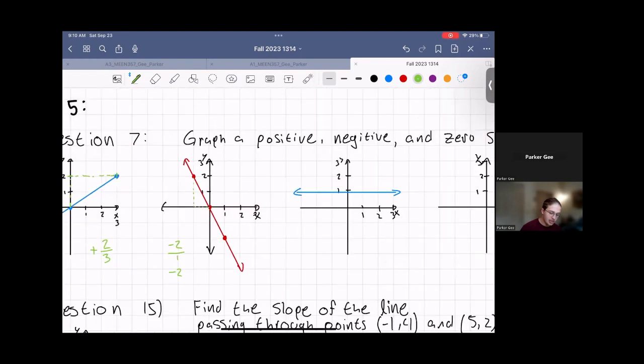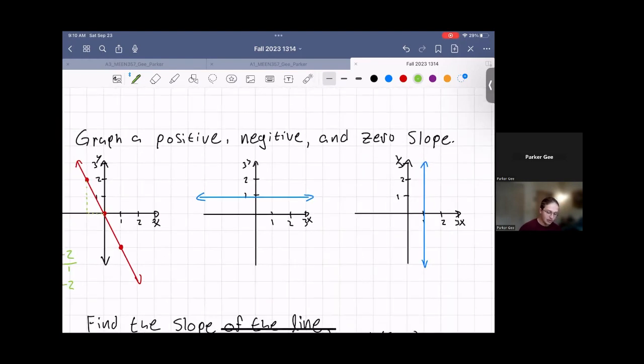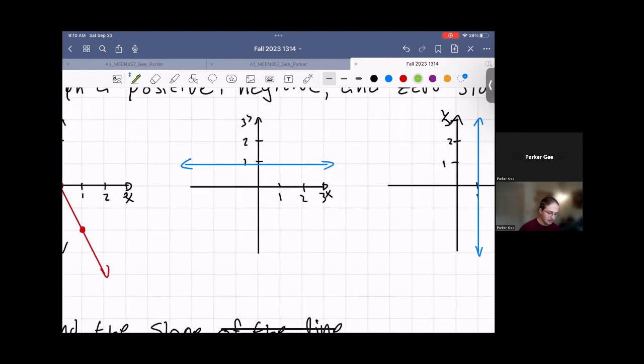Where it gets a little bit tricky is a zero slope. So what we can do here is see if it rises and runs, right? Well, this one doesn't rise any, so it rises 0. And it is running, but it's running forever.